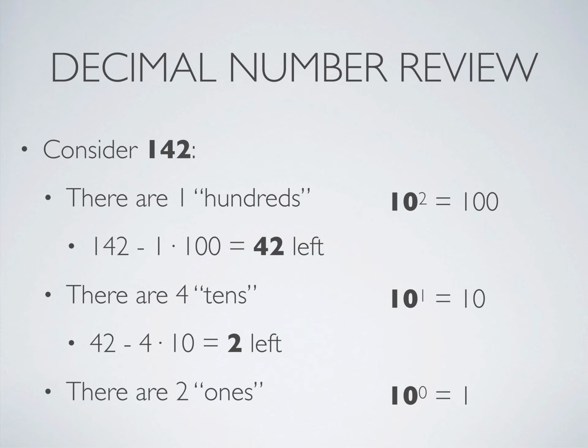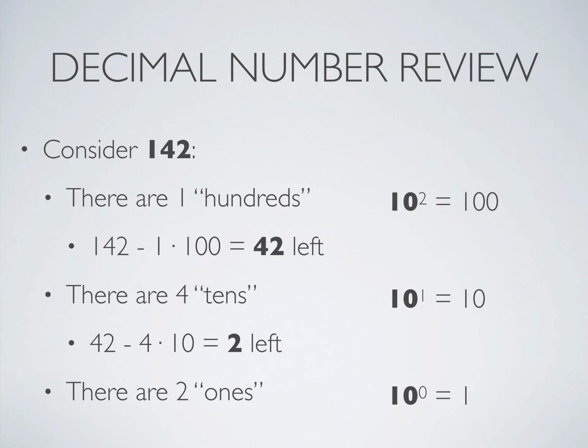Alright, so let's go back to kindergarten when we were first learning our numbers. Think about the number 142, just the normal 142 that we're all used to. If we broke down this number into the different places, there's the hundreds place, the tens place, and the ones place. This is where that base 10 system comes from.